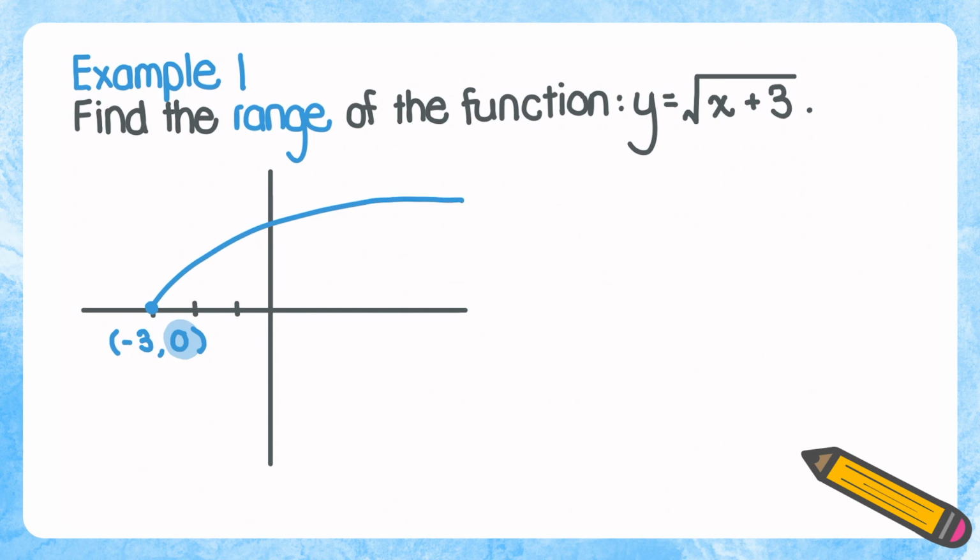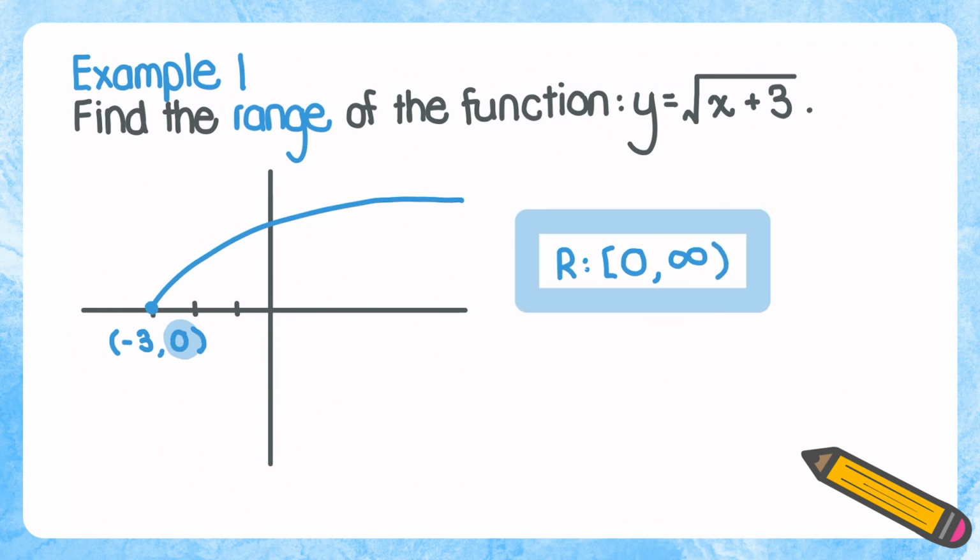So notice how the graph starts at 0 and it keeps going up forever. It doesn't really hit anything. So this tells us our range. Our range starts right at 0 and goes all the way to infinity. So like we did right here, we can find the range by looking at a graph of the function.